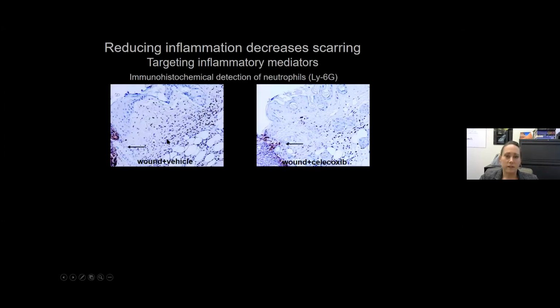And then finally, we know that if you target inflammatory cells, you can also reduce scar formation. There are numerous studies that have shown that if you reduce neutrophil infiltration, or reduce the number of macrophages, or reduce mast cells, or inhibit mast cell activation, there is typically less collagen production and less scar formation.